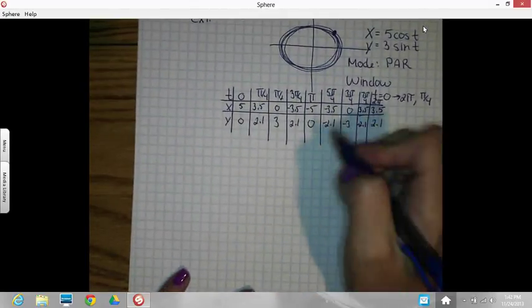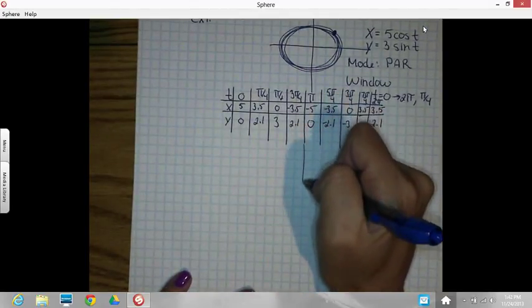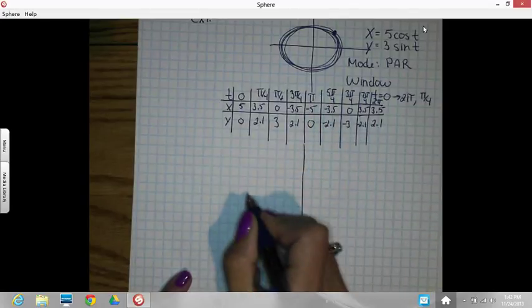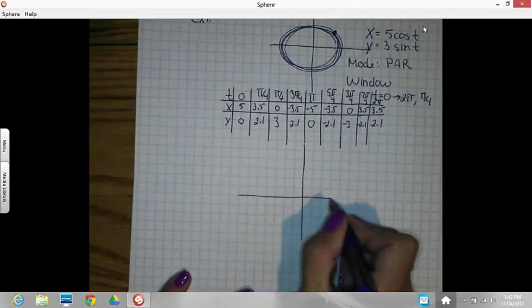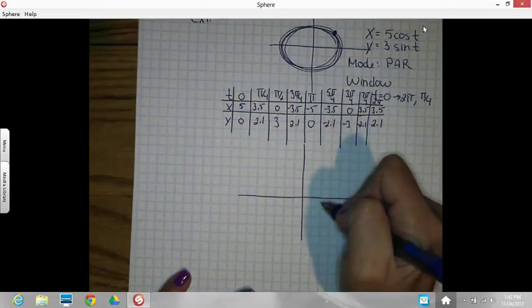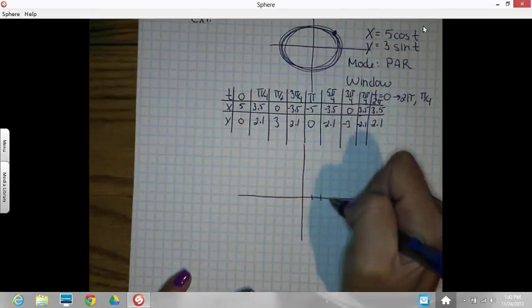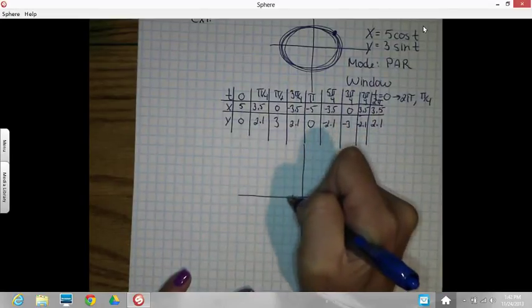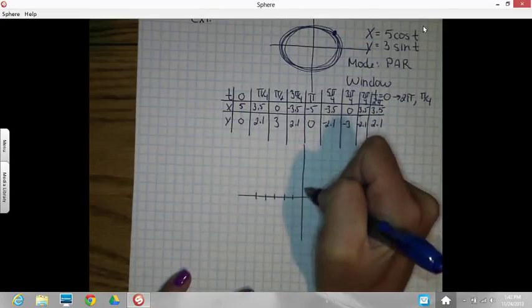Actually making that sketch now, real quick. X is going out to 5, 2, 3, 4, 5, and then y went up to 3.